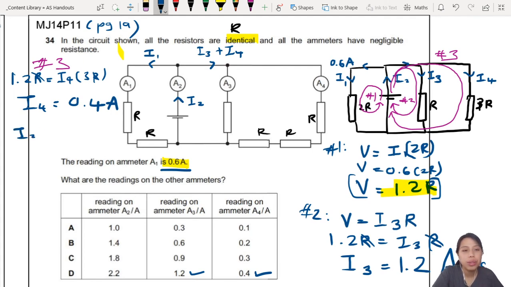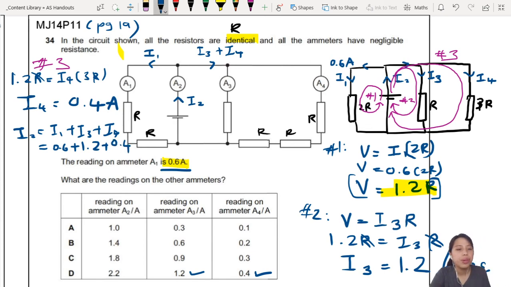So I2 will be I1 plus I3 plus I4. I1 is 0.6, I3 is 1.2, I4 is 0.4. So what is I2? Let's check. It is 2.2. Yay!